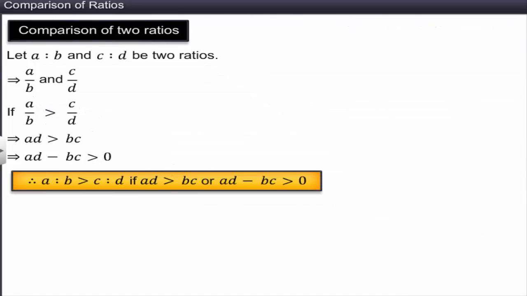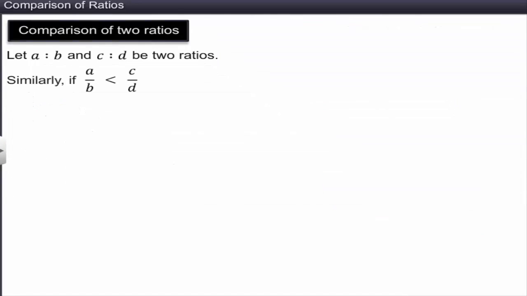Also, if A by B is less than C by D, then, by cross multiplication, we get product AD is less than product BC, or the difference between the products is less than 0.